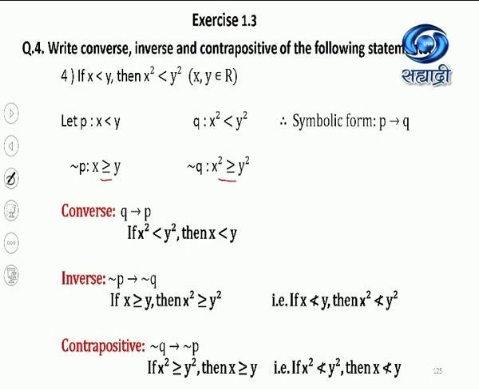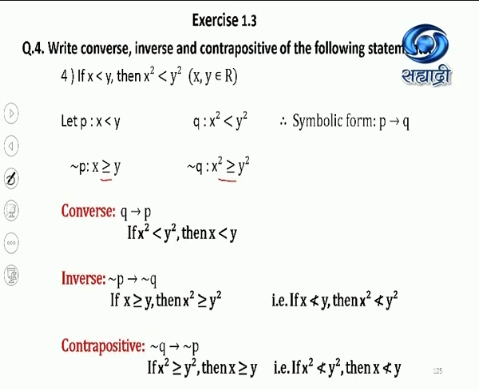Inverse, negation p implies negation q. Pick up negation q very properly, correctly. If x greater than or equal to y, then x square greater than or equal to y square. Alternative answer will be: if x is not less than y, then x square is not less than y square.